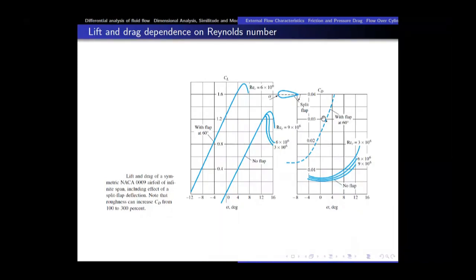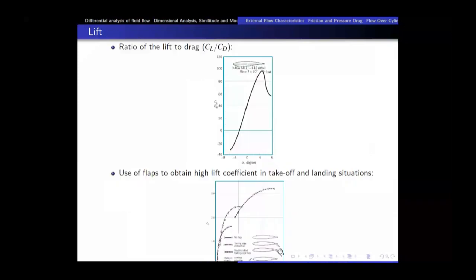You can see that the CD value is also increased, but we are not very concerned about that, because if we put in more fuel, we can control the CD more conveniently. So we usually use these flaps. If we put them downward, it would increase lift, but if we put them in the upward direction, it would reduce lift.